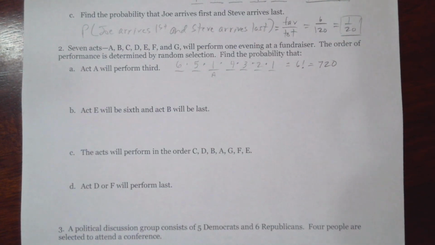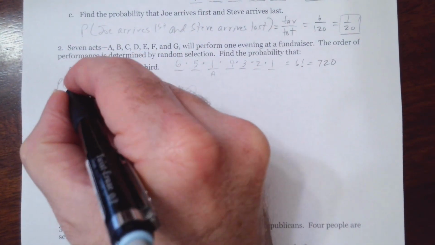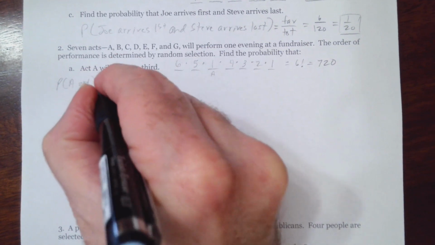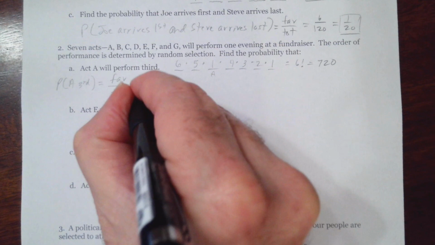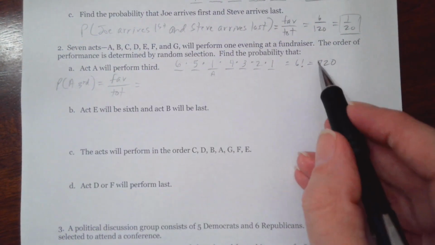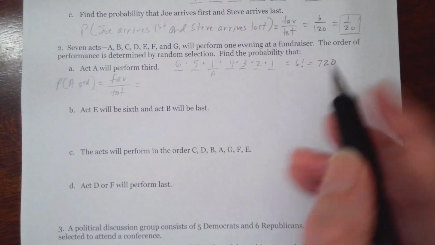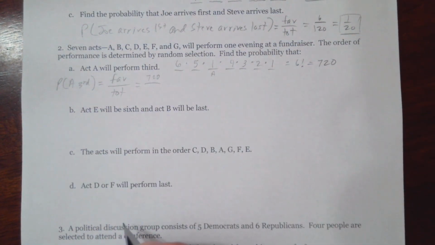All right. Now remember, it's the probability that A is third. So it'll be the number of favorable divided by total outcomes. So these are our favorable outcomes, that's where Act A does perform third. There's 720 of those. Out of how many total possible outcomes?